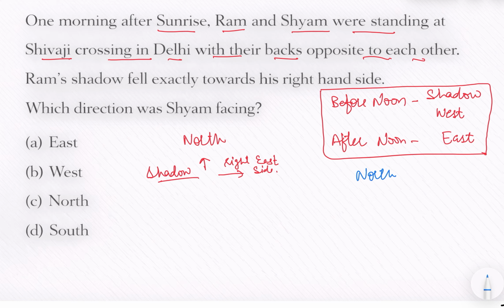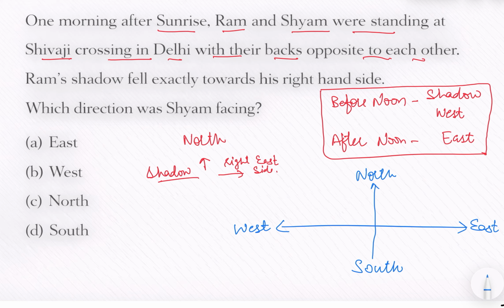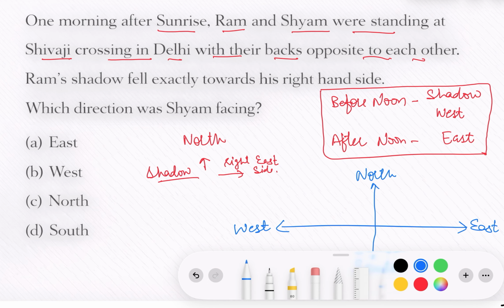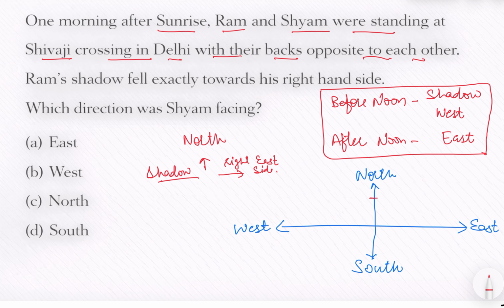North and the other directions, these are the four directions we have. First possibility is Ram is facing north and Shyam is facing south.